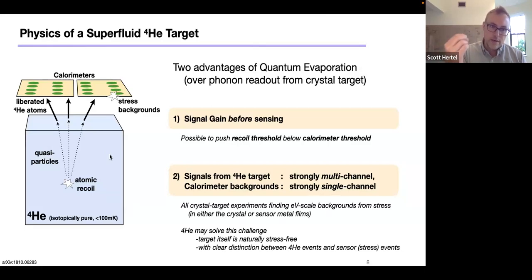We don't have any kind of stress fractures or slippage or clamps. We expect eV-scale backgrounds from helium-4 spontaneously relaxing in some way to be low in rate compared to the silicon or the metals of the sensors themselves. So these are two really strong sales arguments in favor of this technology.